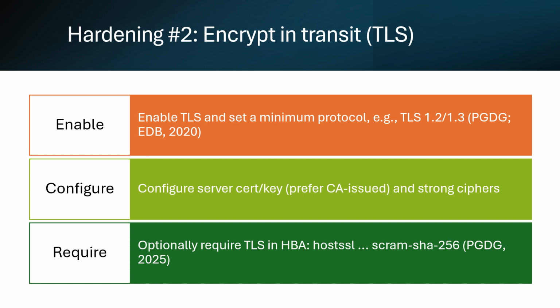You can also specify ssl_max_protocol_version to limit allowed versions. Beyond that, you can provide a custom ssl_dh_params_file for stronger ephemeral key exchange parameters. Then in pg_hba.conf, use hostssl entries instead of host to require TLS for those client connections. This ensures that authentication and data exchange always occur over an encrypted channel.